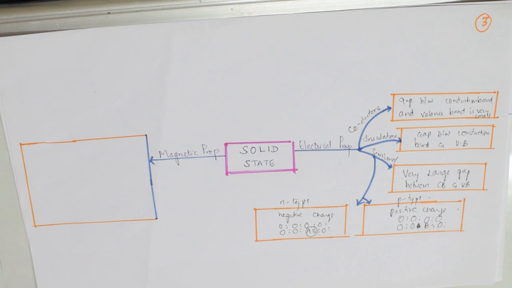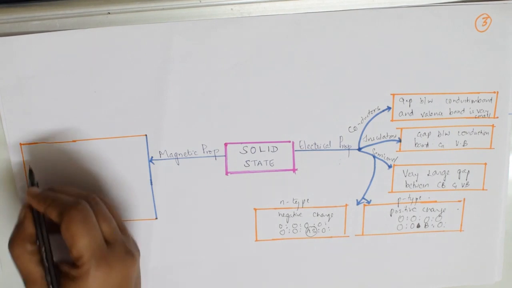So 13th group, and this is the 15th group which we are doping. For clear understanding, please watch the P-type and N-type video in World of Chemistry. It is available there.